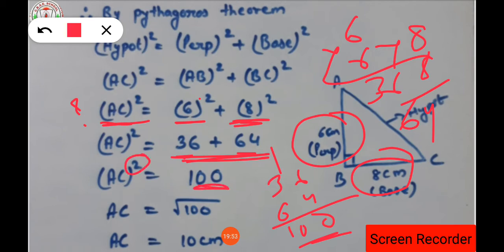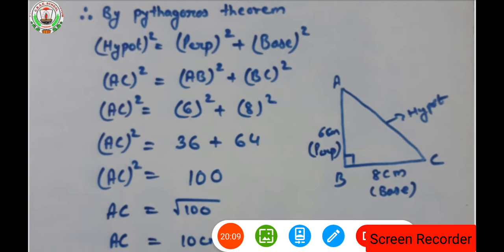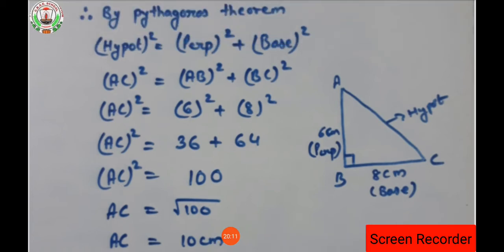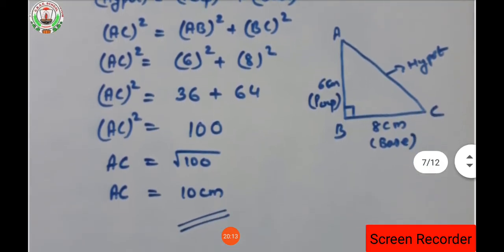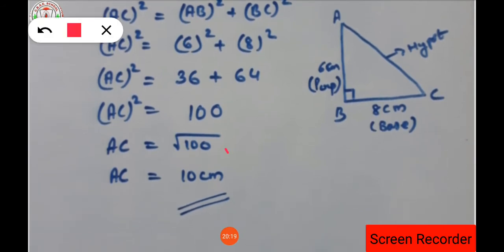Now this square will go to the other side. As we know, square is the inverse of the square root. So here this square will give the square root of 100, isn't it? Now after this, we are going to see the square root of this number. How to find the square root of 100?